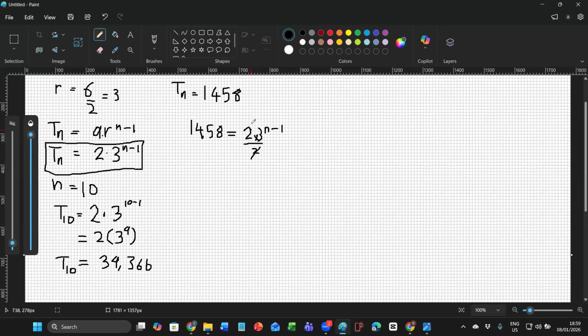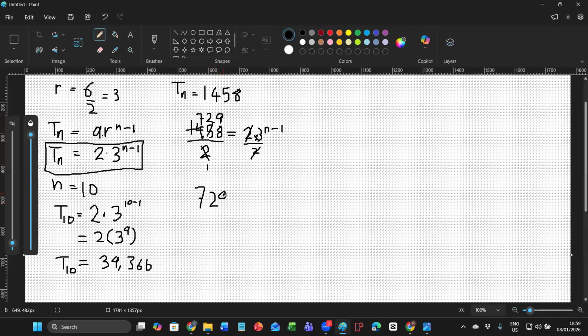That leaves 3 raised to power n minus 1 on this side, and dividing 1,458 by 2 gives 729. So what we have now is 729 being equal to 3 raised to power n minus 1.